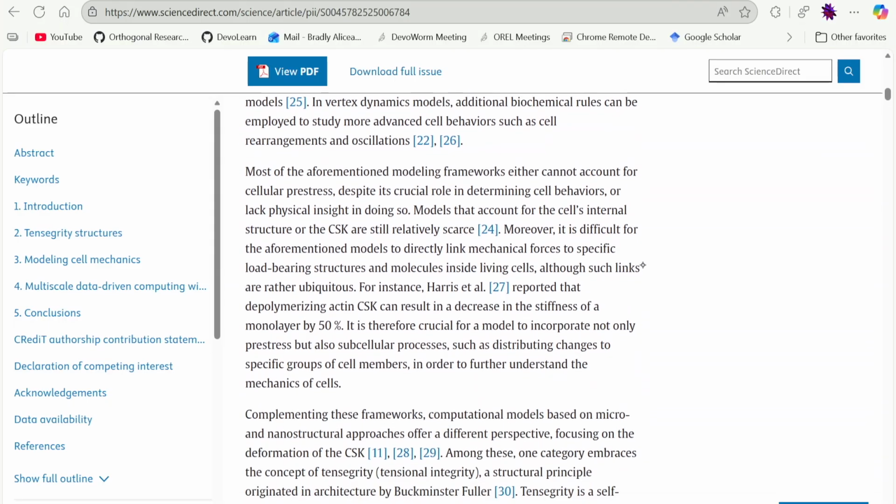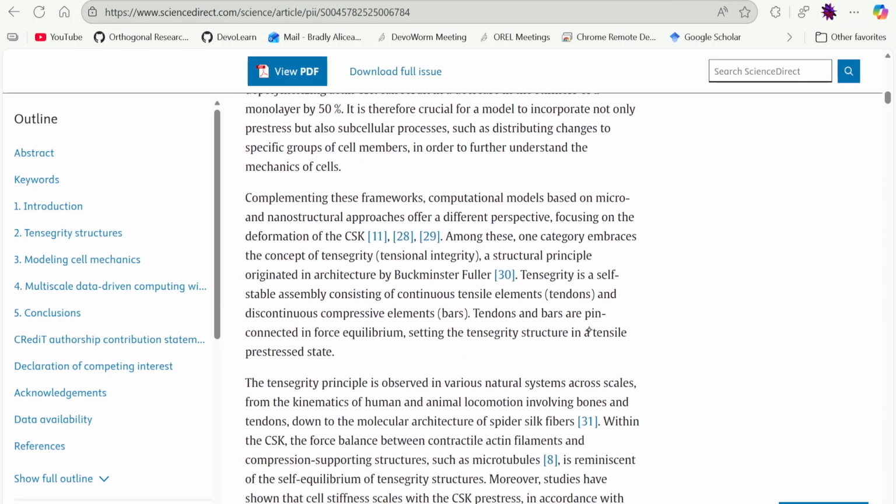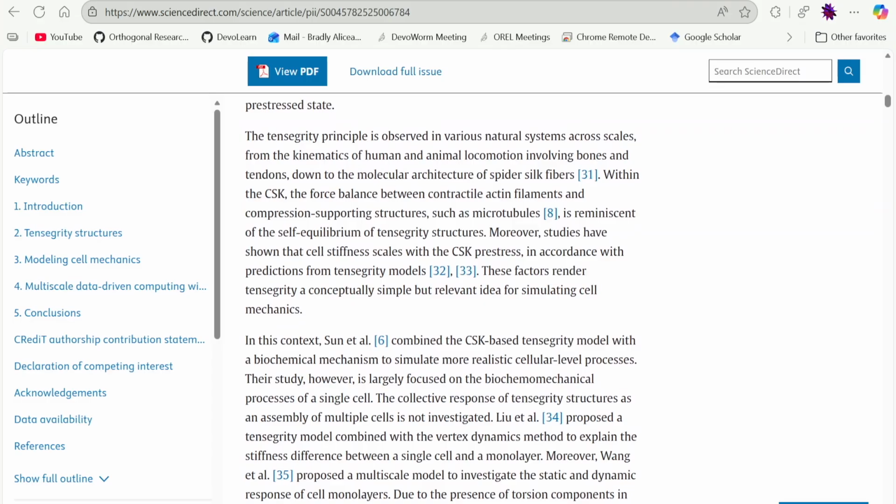And so they go through this review, and then they talk about the tensegrity principle, which is observed in various natural systems across scales, from the kinematics of human and animal locomotion down to the molecular architecture of spider silk fibers.